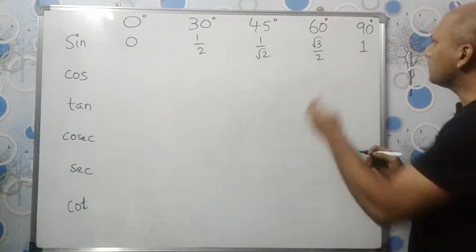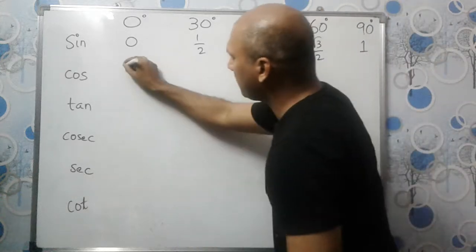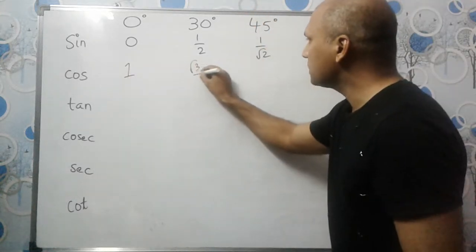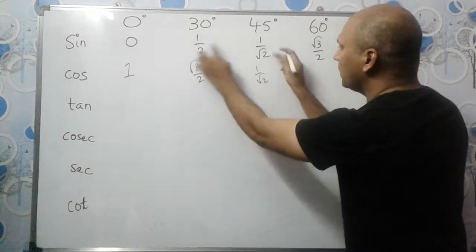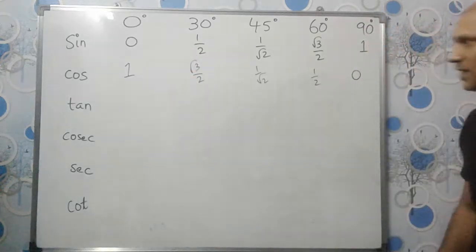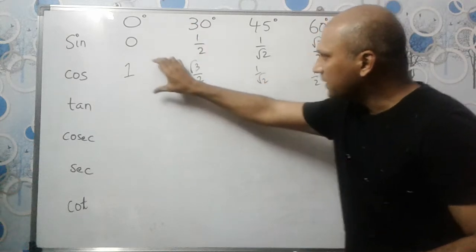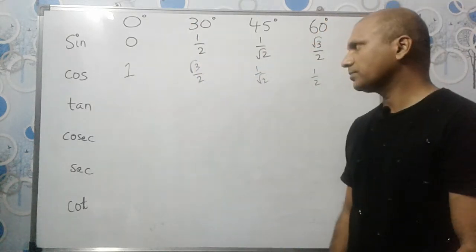Now cos values will be the reverse of the sine values. So 1 will come here. So this is 1. Root 3 by 2 will come here. This is root 3 by 2. Then 1 by root 2, then 1 by 2 and 0. Okay, so if you remember the first line, we can write the second line, third, fourth, fifth, sixth, everything we can write.